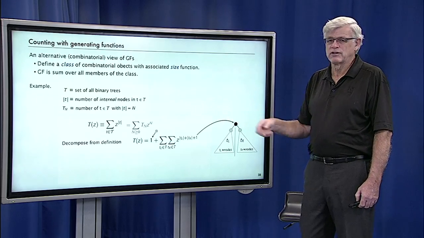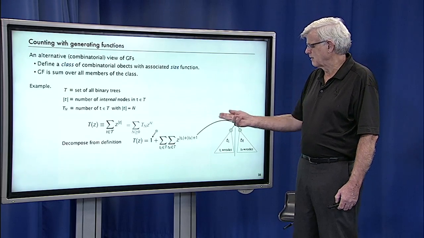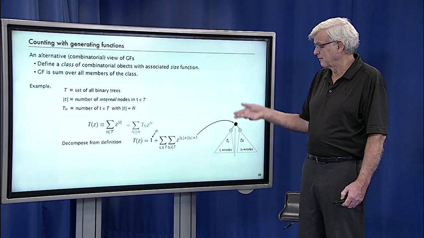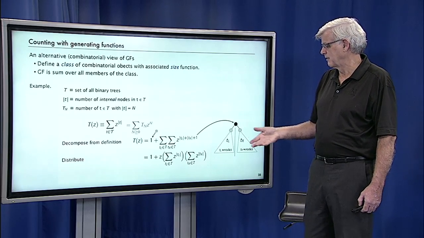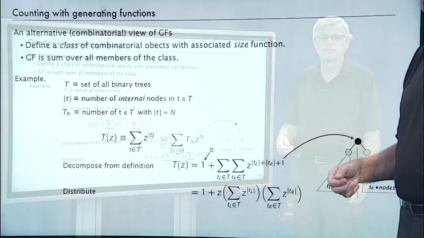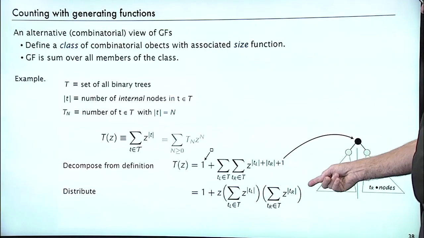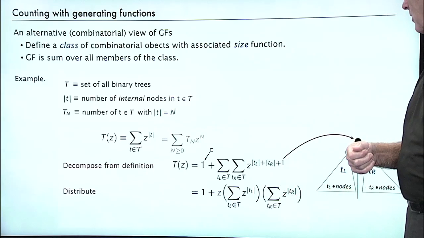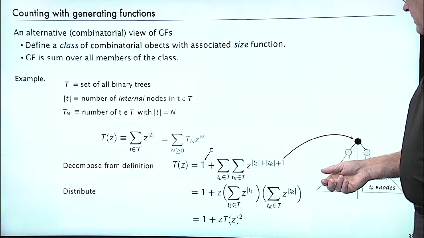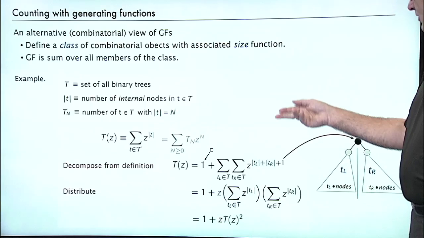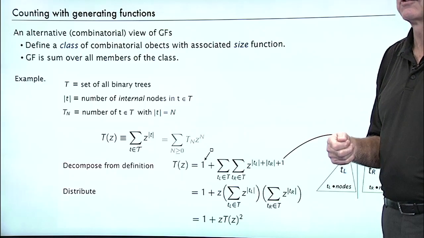Now in that equation, T sub L and T sub R are just formal variables and they're independent. So we can immediately split that sum up into z times the sum over all T sub L of z to the T sub L, times the sum over all T sub R of z to the T sub R. And then get the answer that T of z equals 1 plus z T of z squared.